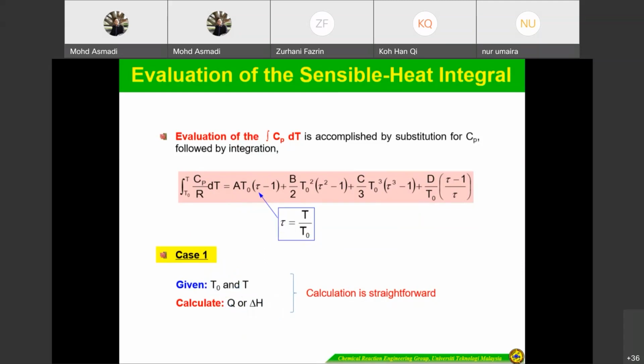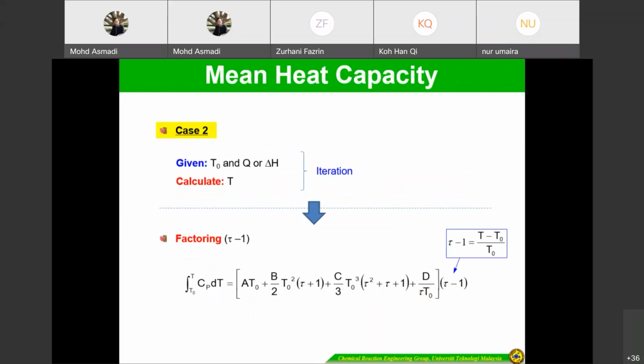Okay, so case 2, we want to determine the final temperature. It is given T naught, Q or H, but we have to determine the temperature. What we have to do is an iteration process, by factoring T tau minus 1.